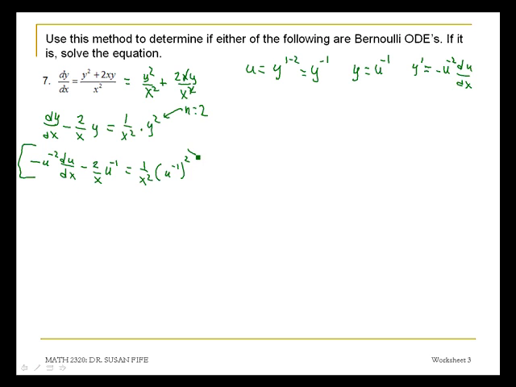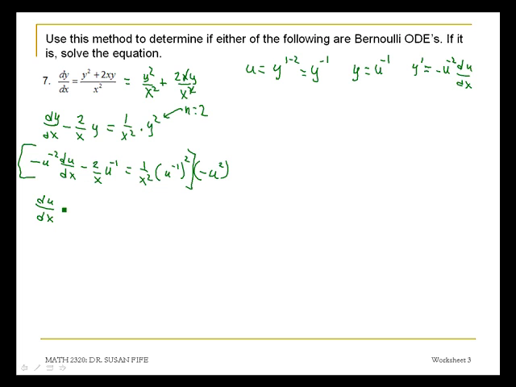We want to write this in linear form, and to write this in linear form we want to get rid of that negative u to the negative second. We can do that by multiplying by negative u to the second, so that our first term just becomes du dx.